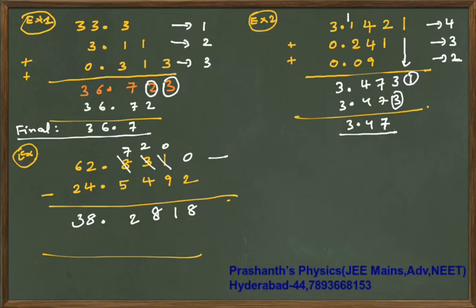So now here you have 3 decimal places, here you have 4 decimal places. So obviously if you round off to 3, okay, if you round off to 3, so this if you remove, okay, this digit is greater than 5, so your final answer is 38.289.